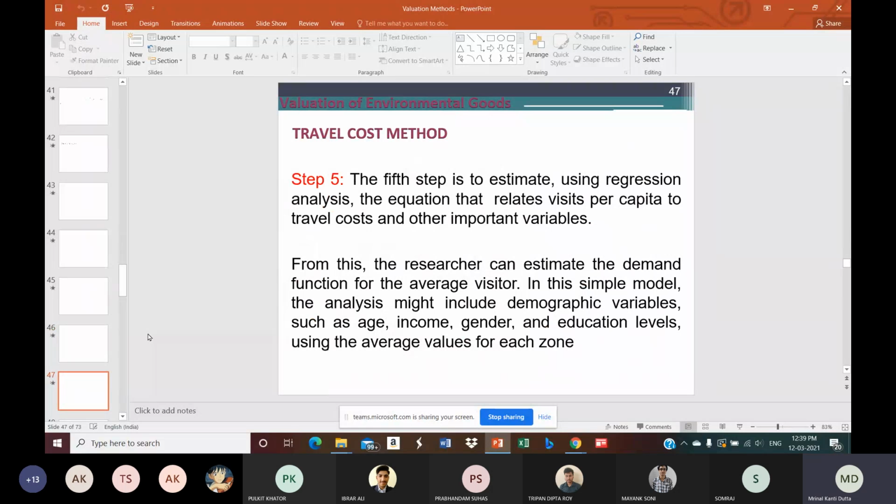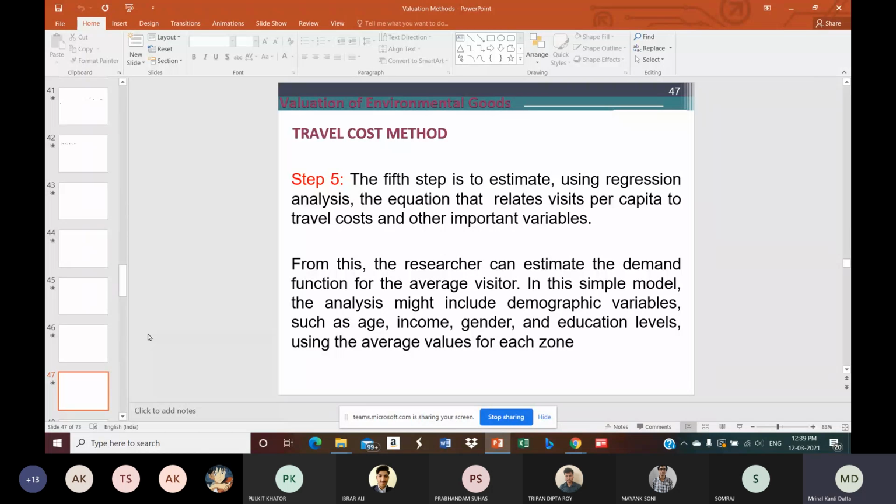After that, with the help of regression analysis, this cause and effect relationship will be estimated. Using regression analysis, the relationship between visits per capita, travel cost and other important variables will be estimated. So per head, what is the cost of visit, and there will be other variables as well.